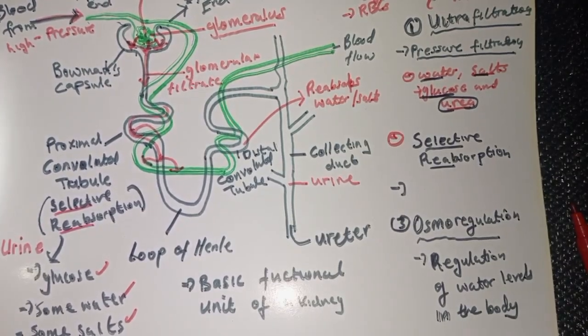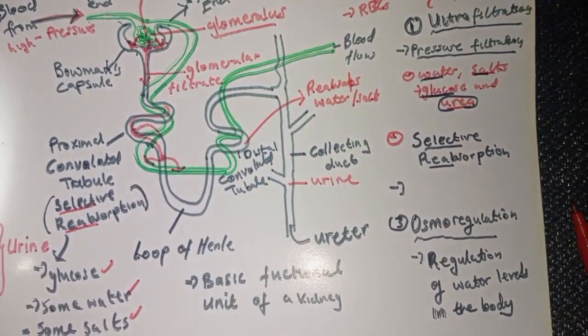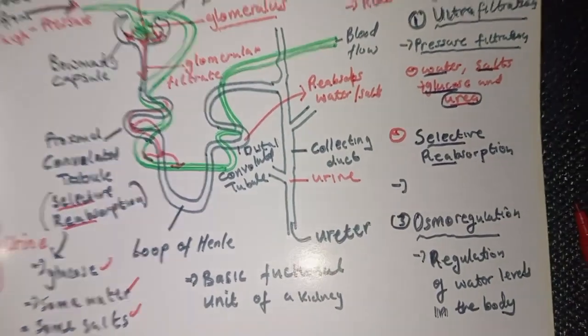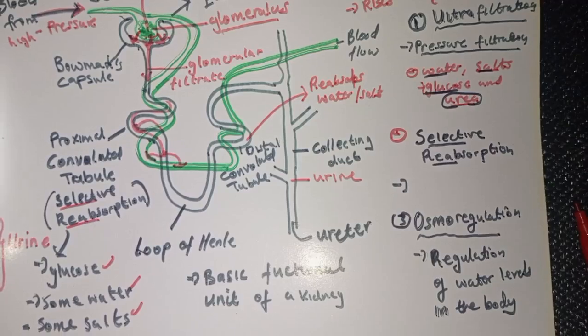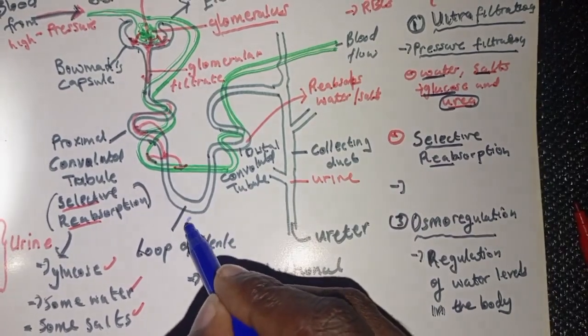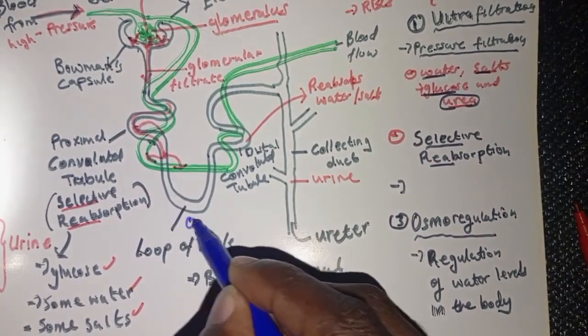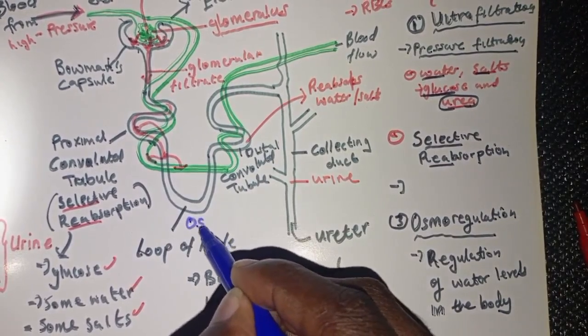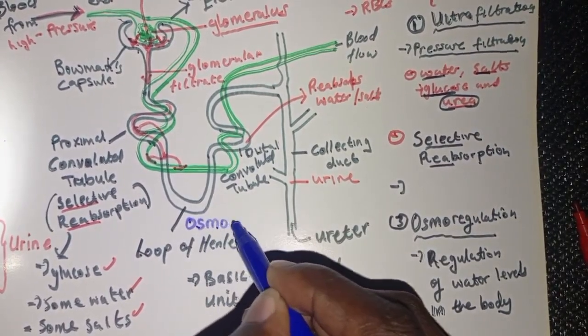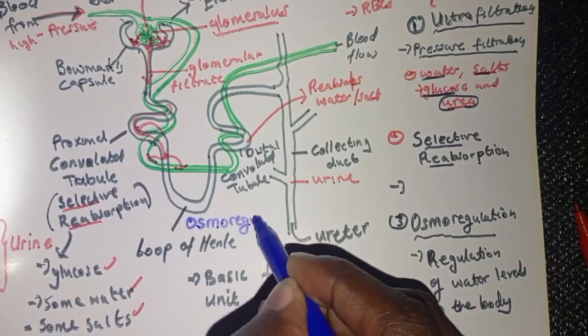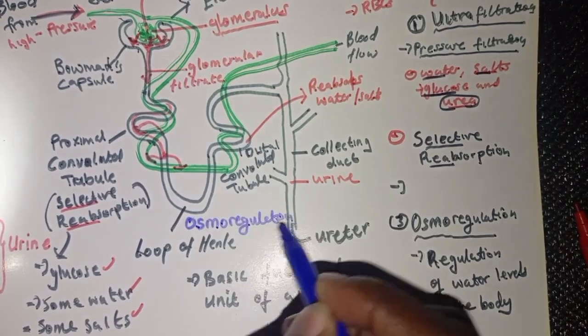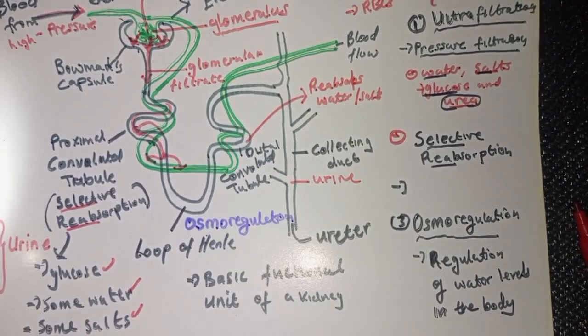Now, where does this take place? Osmoregulation will take place in the loop of Henle. In the loop of what?